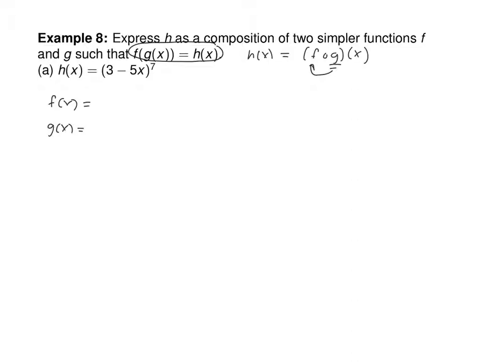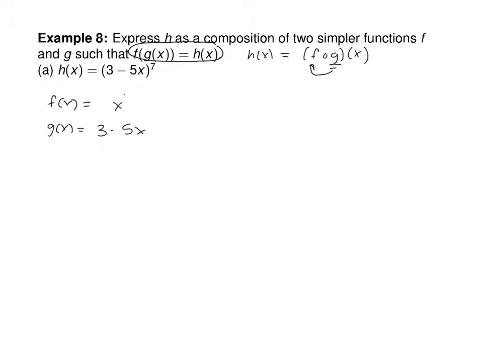So there is this 3 minus 5x, right? And it's inside of a 7th power, right? So we're having g being put into f. So who is the inside function? g, the 3 minus 5x, that's the inside function. And it's inside of something to the 7th power, right?